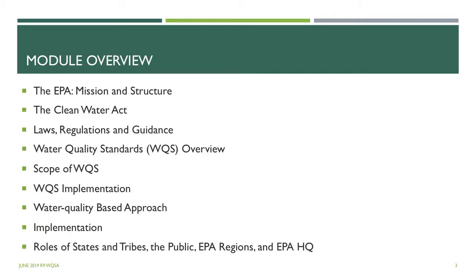So this is the overview of the module. Basically, we're going to talk about what the EPA is, its mission and the structure, what the Clean Water Act is all about, the difference between laws, regulation, and guidance, an overview of what water quality standards are, the scope of water quality standards, who they affect, how water quality standards are implemented, what it means is the water quality-based approach, and I'll explain a little bit about that in a few minutes.